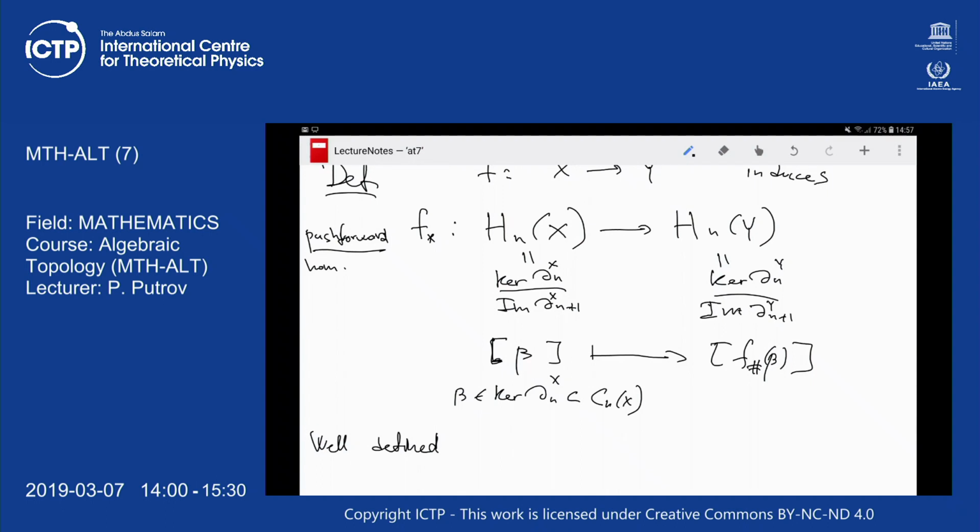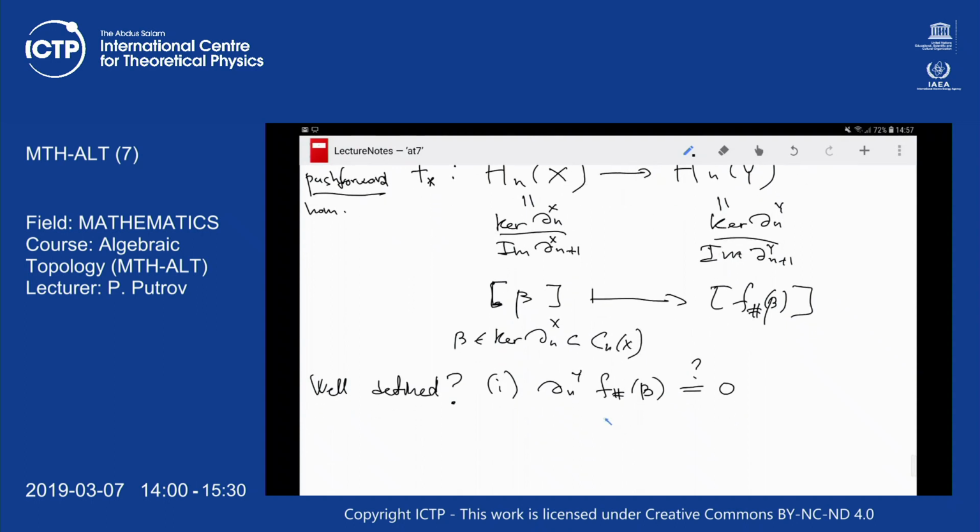So first, the map F sharp gives us some element of Cn of Y, but we want this element to actually be in the kernel. So first we want to check that d of Y of F sharp of beta is 0.